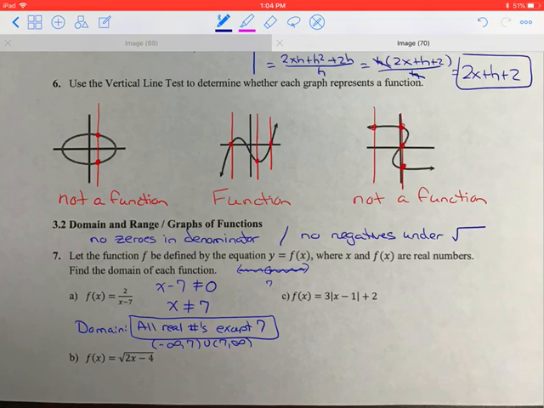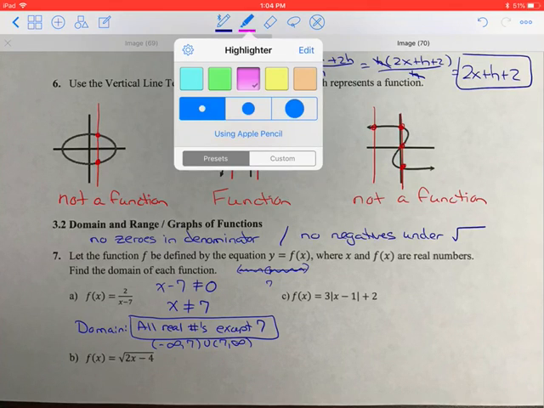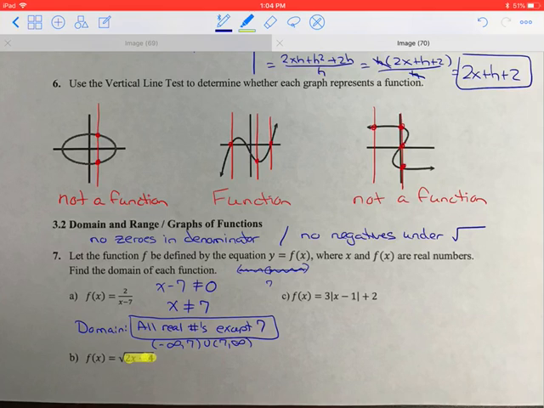Now if we look at part B, I don't have a fraction, so I don't have to worry about zeros in denominators, but I do have a square root. So I know that I'm not allowed to have a negative value under my square root. So I pull out that part under the square root, and I'm thinking if it's not allowed to be negative, it is allowed to be positive.